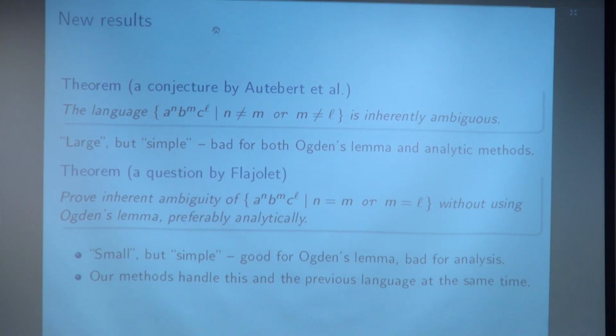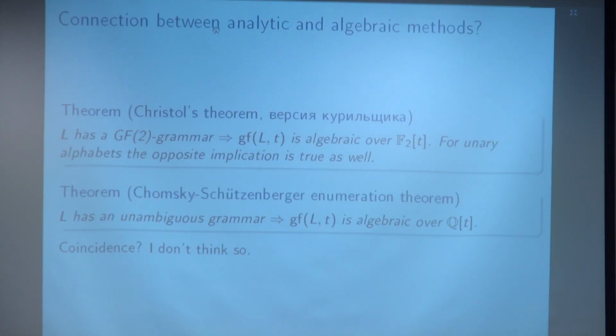Well, it's a small language, so it makes sense that Ogden's lemma handles it. But analytic approaches didn't handle it because it's too well structured. And our methods just handle both of them at the same time. And an interesting part is that both our methods and analytic methods actually work in some kind of similar ways.